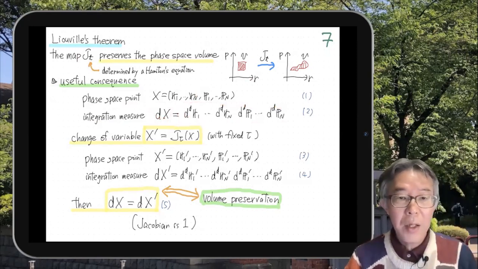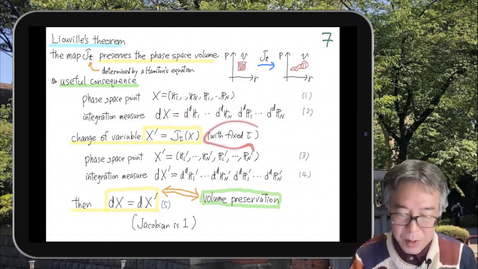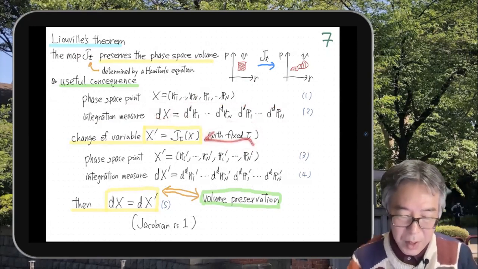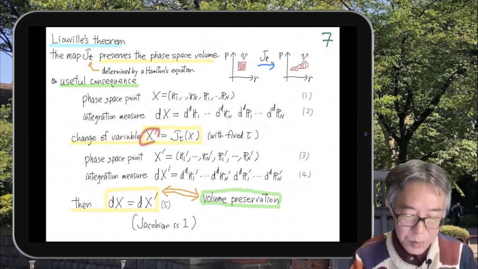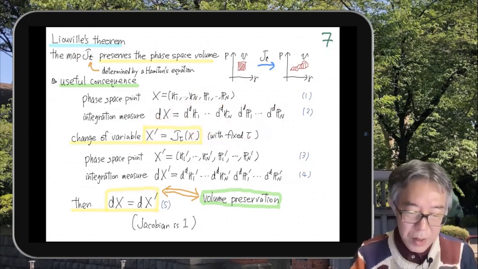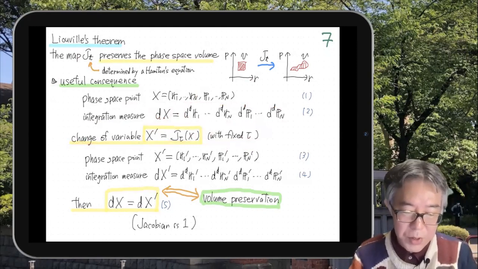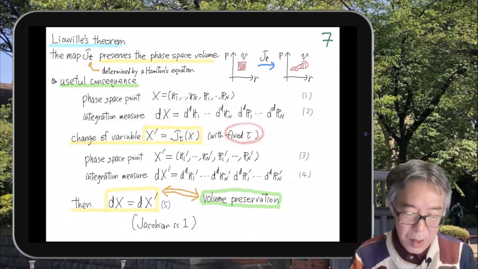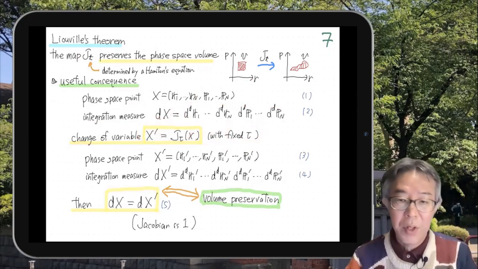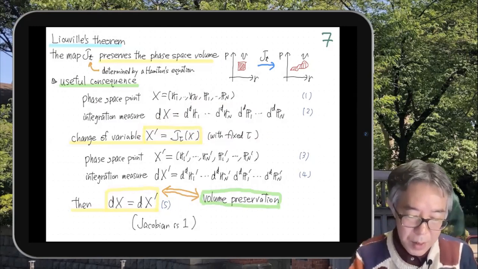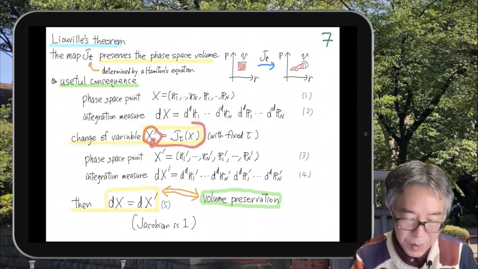Now we fix tau, a positive tau, and define x prime like this. Of course, it's a time evolution of x, but you can look at this as one way of changing the variable. So x is a variable for phase space, and for fixed tau, you can define a new variable characterizing the phase space, x prime, in this way.